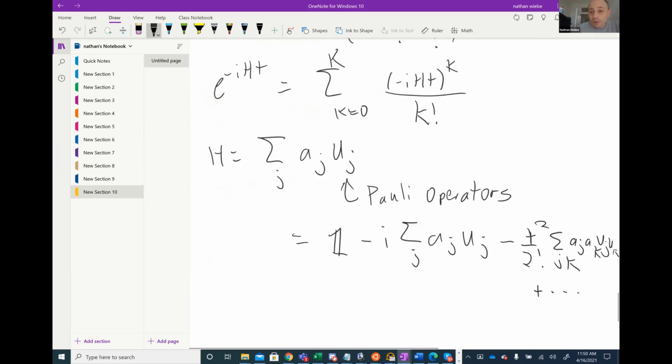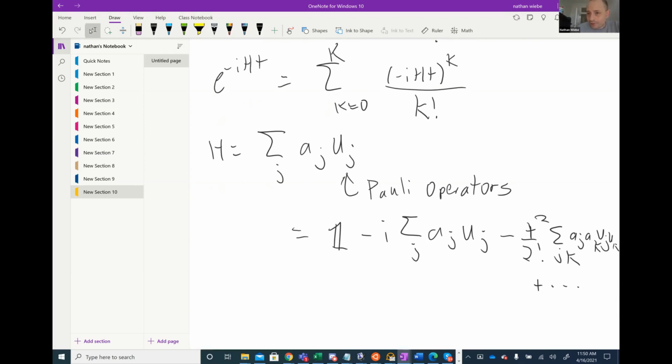So you can see now, this is actually a sum of unitaries. So we can implement that using the previous techniques that I mentioned. It turns out when you go through all of the mess for this, what we end up finding is that the value of alpha that we get is on the order of e to the alpha t.